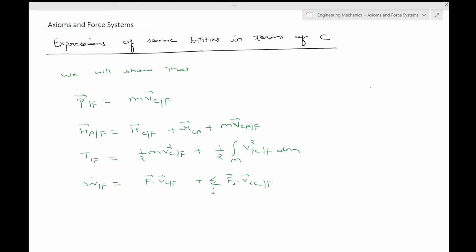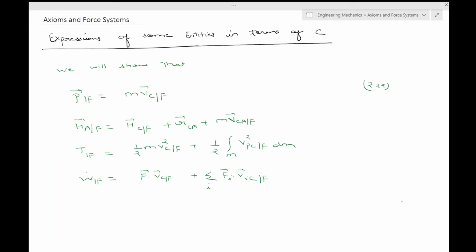These are equations 2.29, 2.30, 2.31 and 2.32. Okay. So if you clearly notice, this and this is a sum of two contributions.